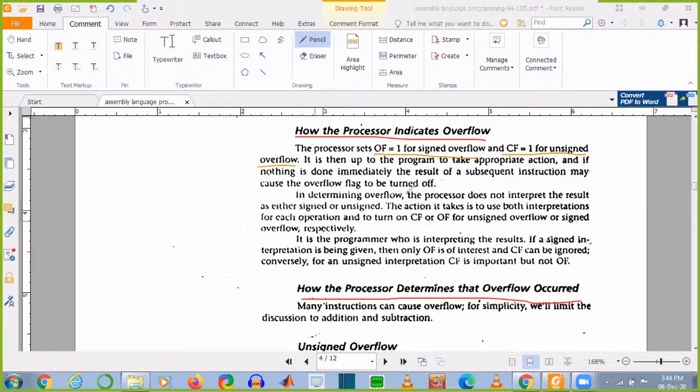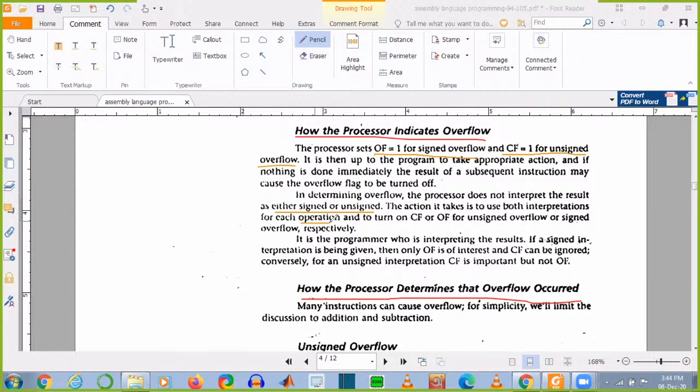In determining the overflow, the processor does not interpret the result as either signed or unsigned. The action it takes is to use both interpretations for each operation. You can check that in an emulator for the 8086 processor: if you write some instruction, it considers both signed and unsigned overflow together for a number.